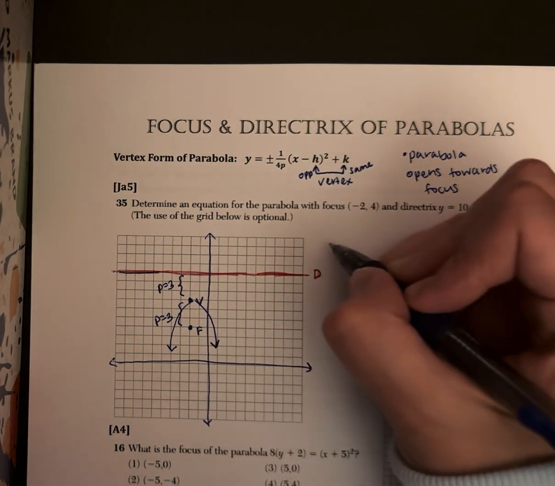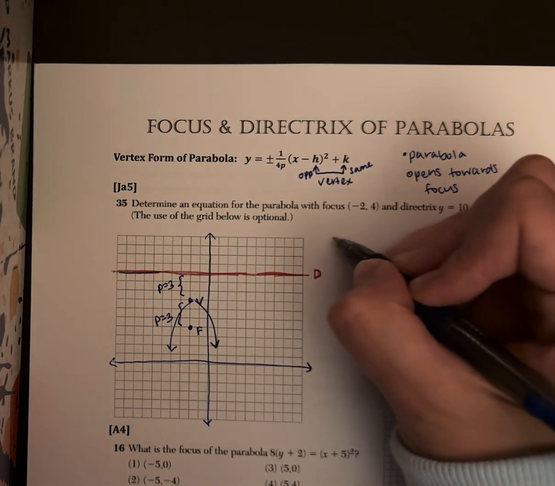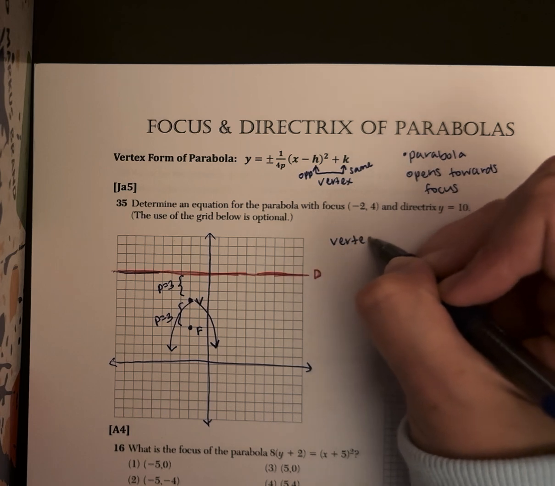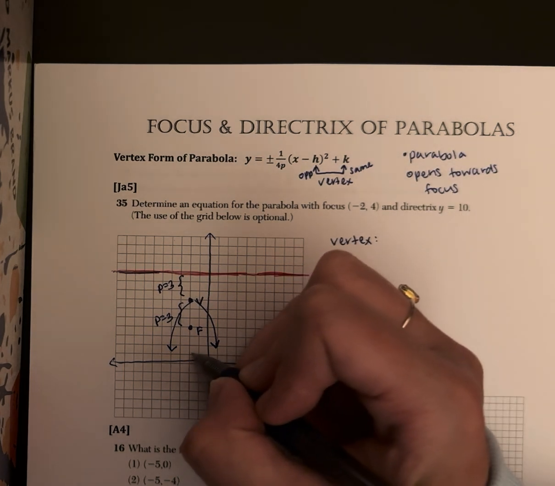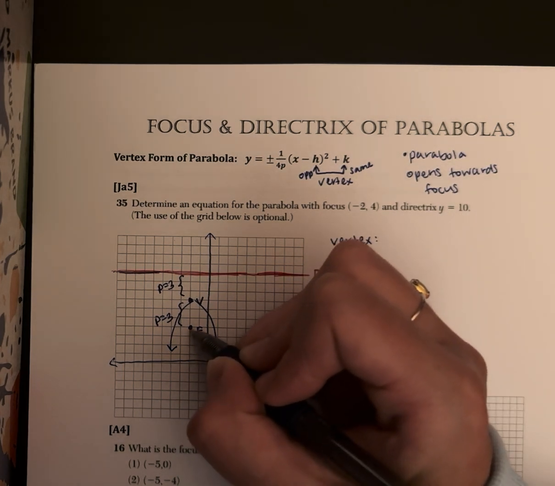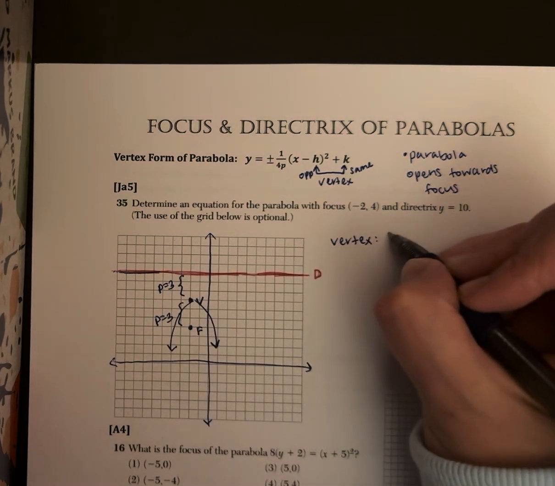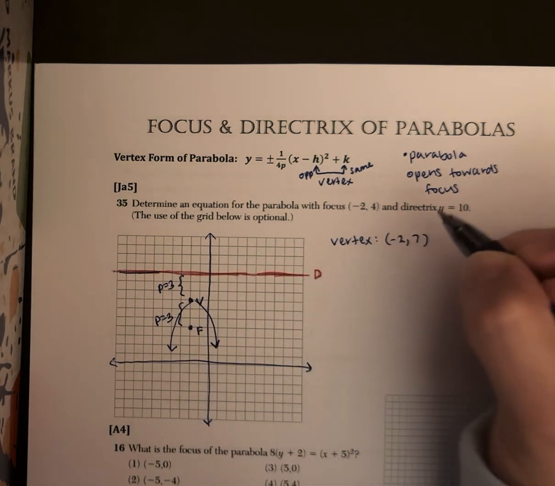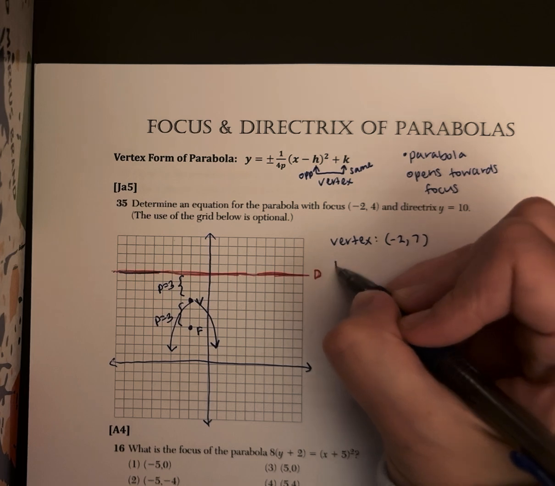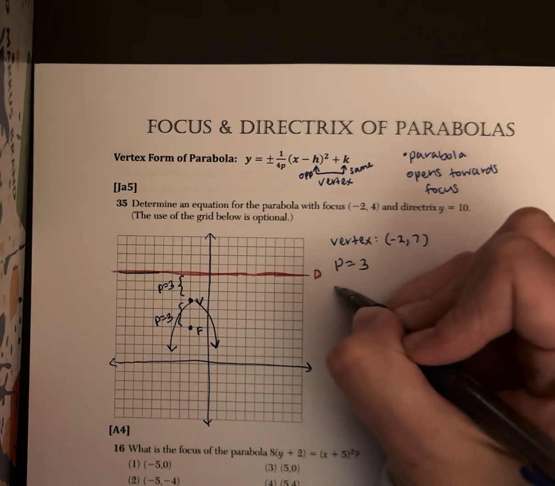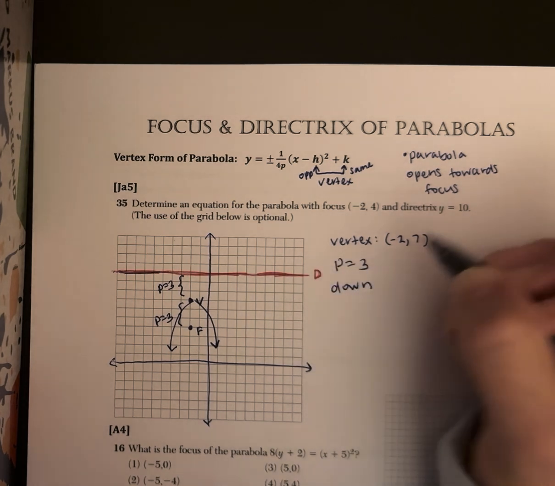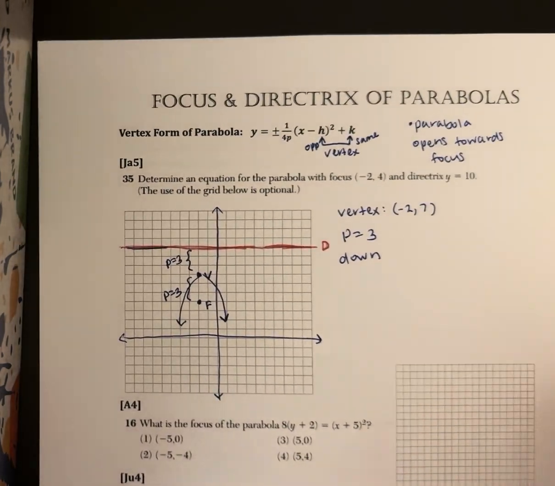This one points down. So we've got a vertex at -2, 1, 2, 3, 4, 5, 6, 7. -2, 7. We have a p-value of 3, and we know that it opens down. Those are all the things we need to know, and now we can write the equation.